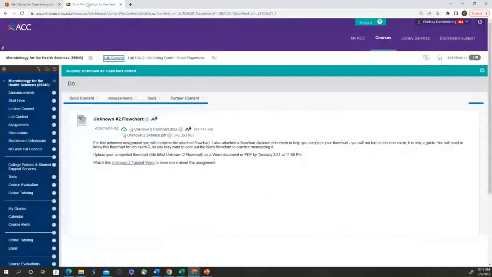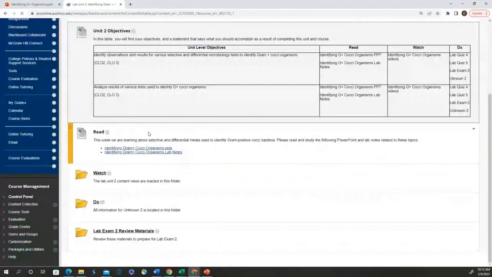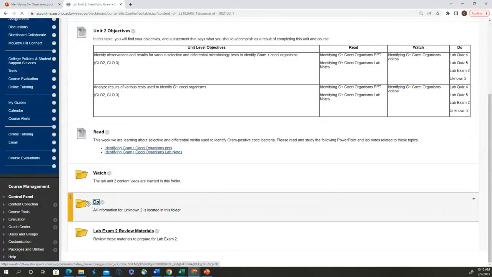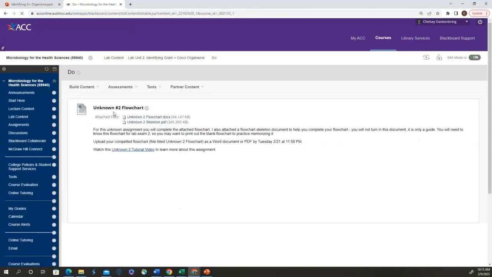Now, here's what you're going to do. Just like before, all the unknown information that you need is in the Lab Unit 2 module. Go down to this Do folder, and when you click on it, you're going to find the documents that you need. Here we go.